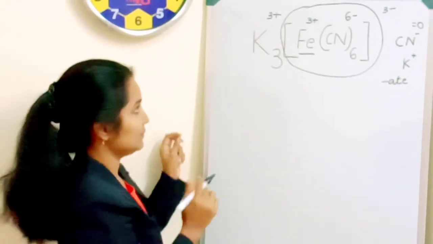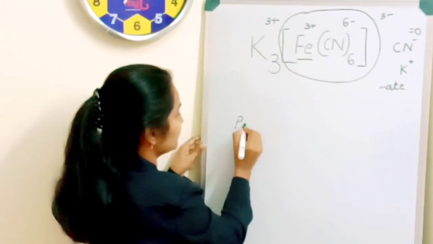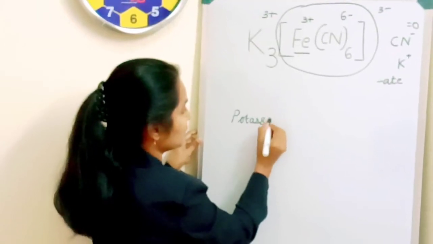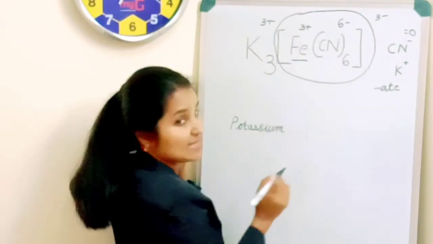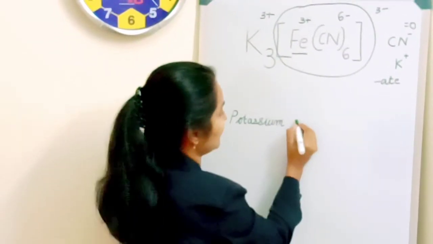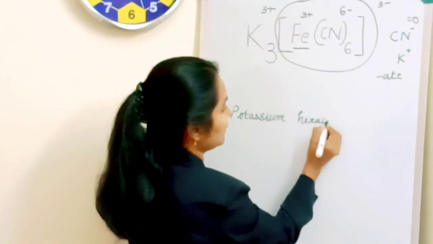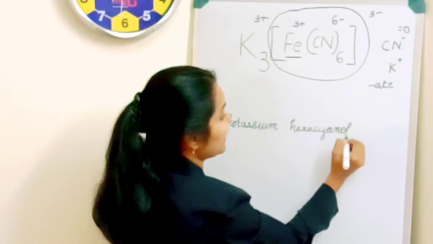So how to name? Let's see. Potassium, 6 cyanide ions are there. Potassium hexacyanoferrate.